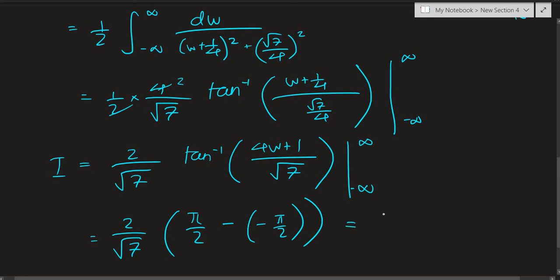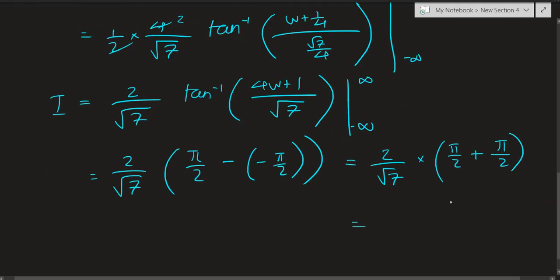Now on simplification, this becomes 2 over square root of 7 times pi over 2 plus pi over 2, which finally converts to pi, so 2 pi over square root of 7.